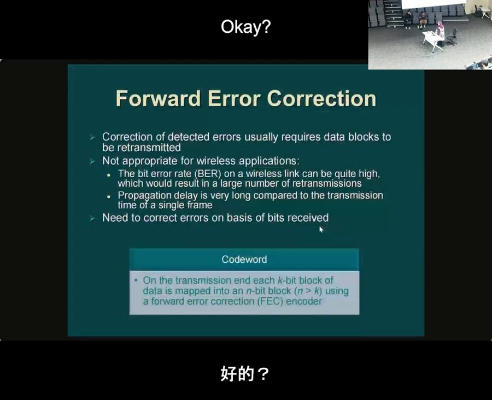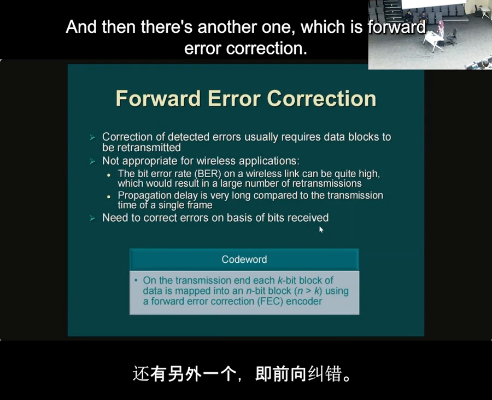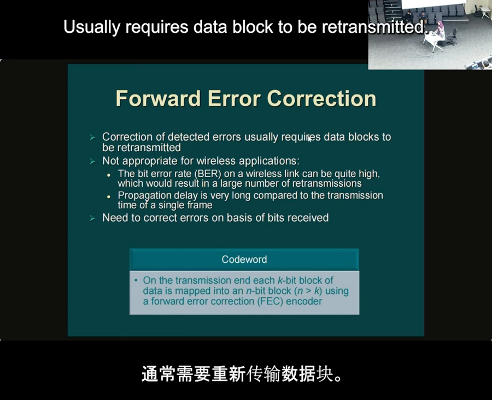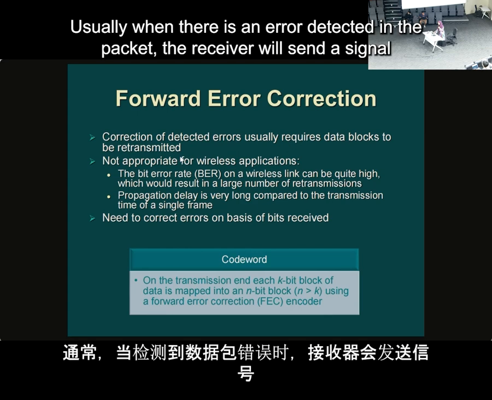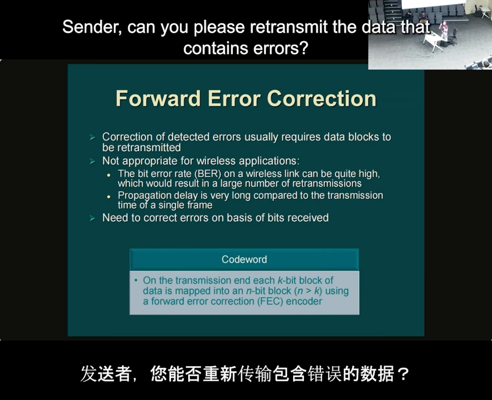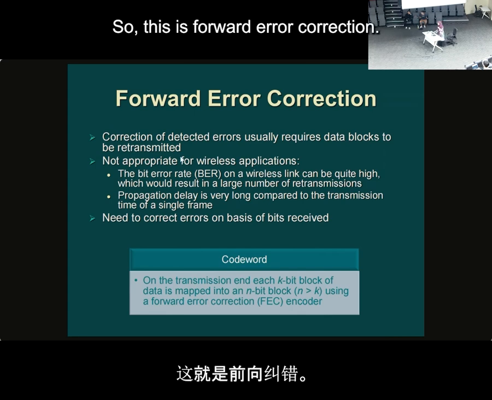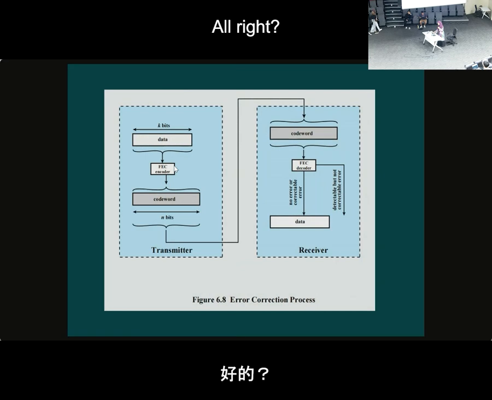Then there's another one, which is forward error correction, which is used to correct detected errors. Usually it requires the data block to be retransmitted. Usually, when there is an error detected in the packets, the receiver will send a signal to the sender: sender, can you please retransmit the data that contains errors? So this is forward error correction.